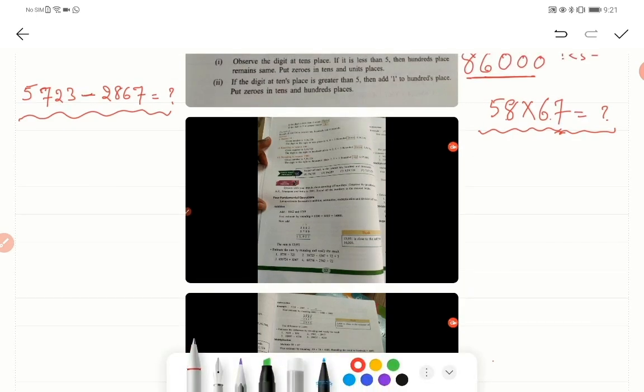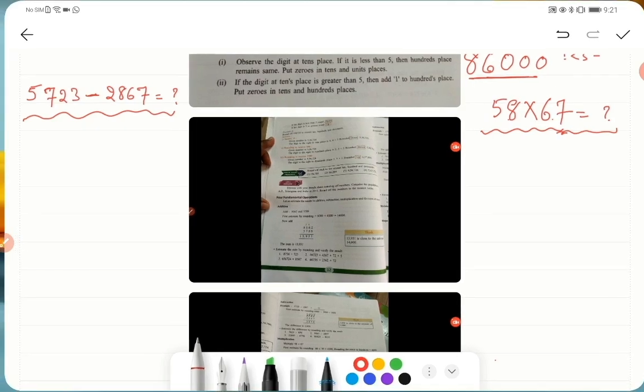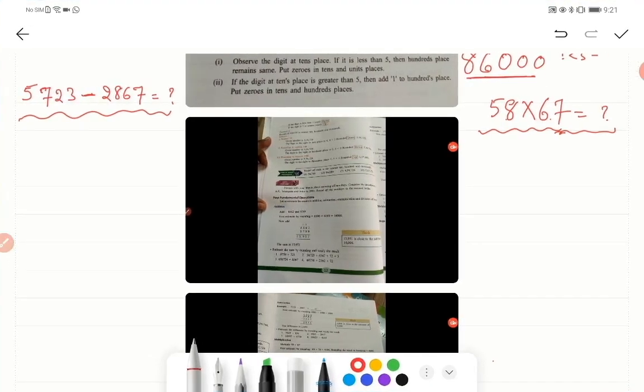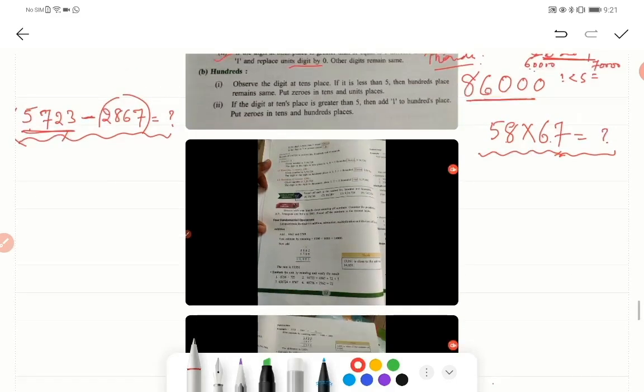Example on subtraction: we have the number 5723 to be subtracted from this 2867. But I want to round off to the nearest values first for these numbers. So what would be the nearest value for 5723? Is it 6000 or 5000?